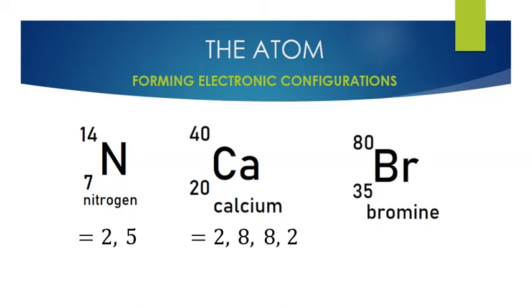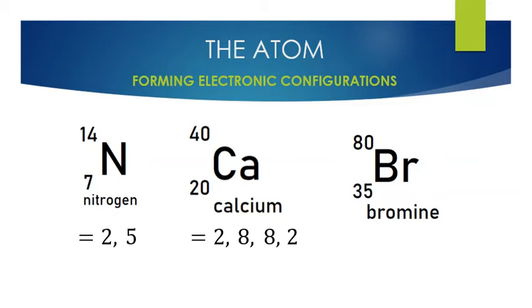Now, let's look at another electronic configuration. In this one, we want to find an element which can make it possible to fill the third shell with 18 electrons. So in the case of bromine, the pronunciation doesn't matter.